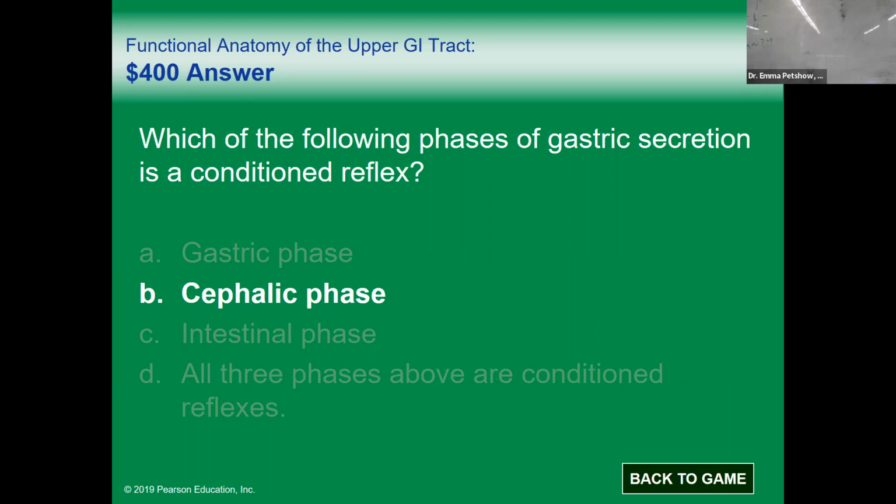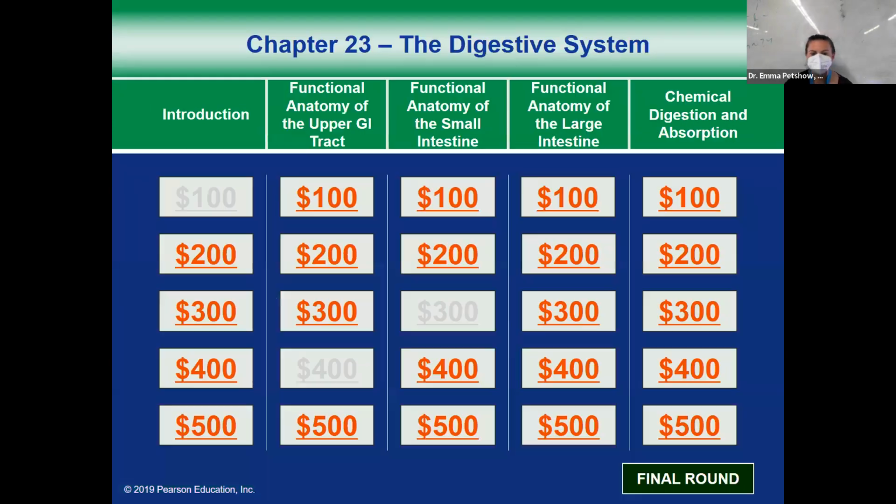We can also think of a conditioned reflex as an autonomic response to a stimulus. Which one's autonomic? Cephalic phase. Classical conditioning. All right, where are we going next?